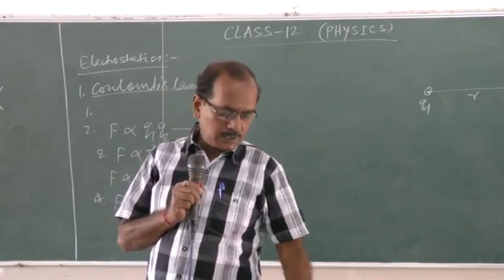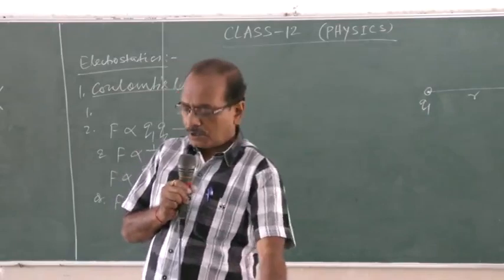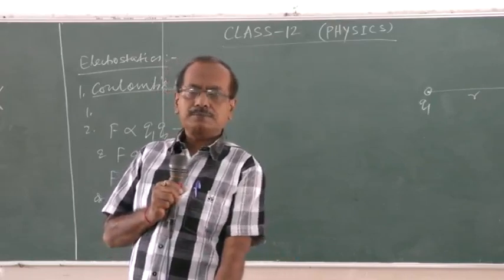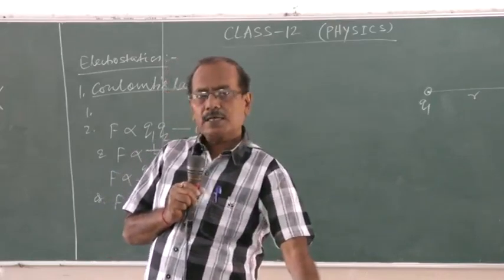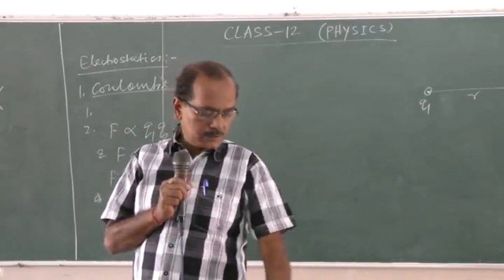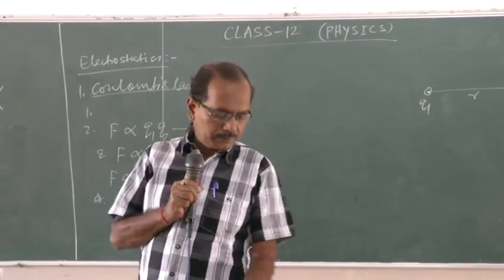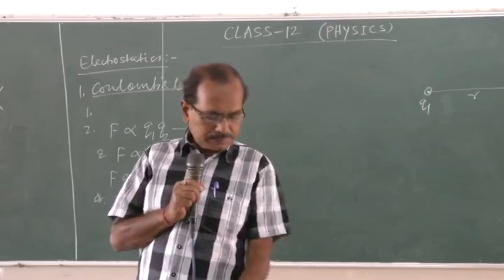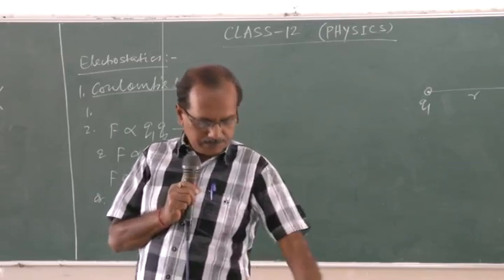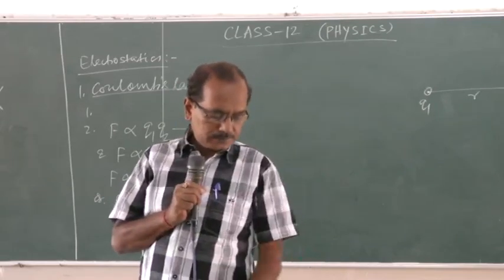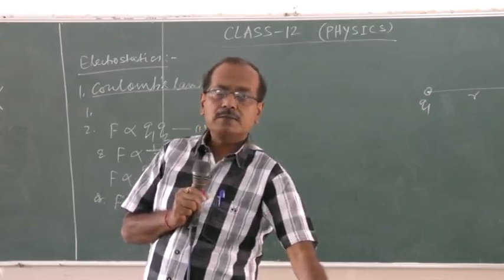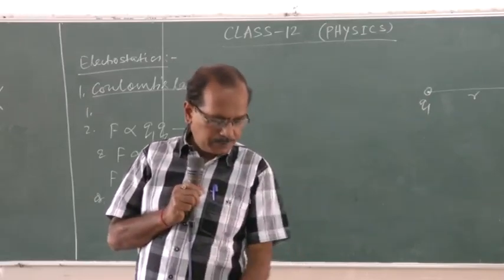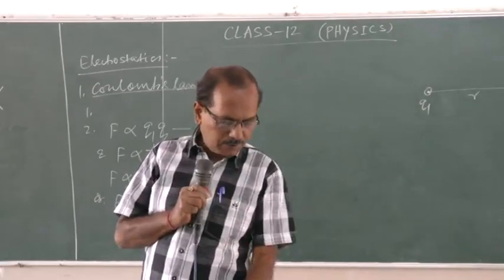If Q1 and Q2 are kept in free space or in vacuum, then its value will be something. If charges are kept in any other medium, say mica, paraffin paper, etc., if we change the medium other than vacuum or free space, then the value of K will be different.